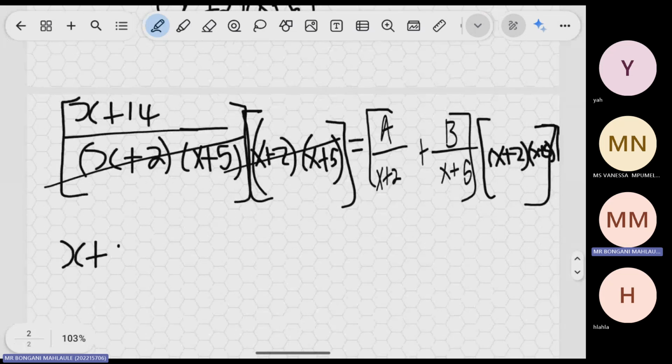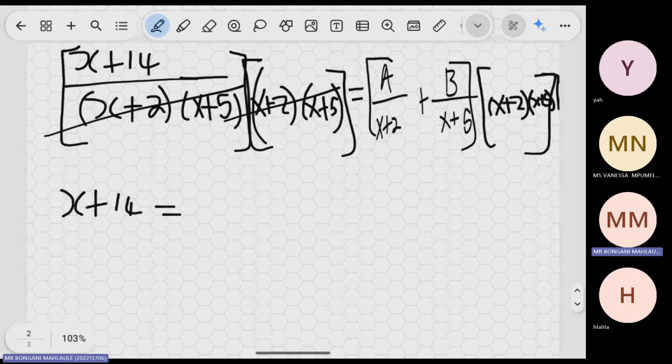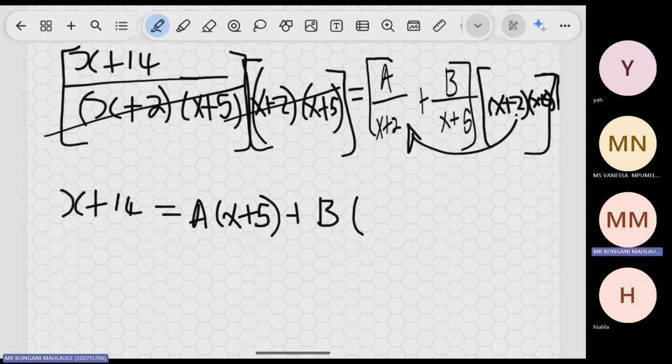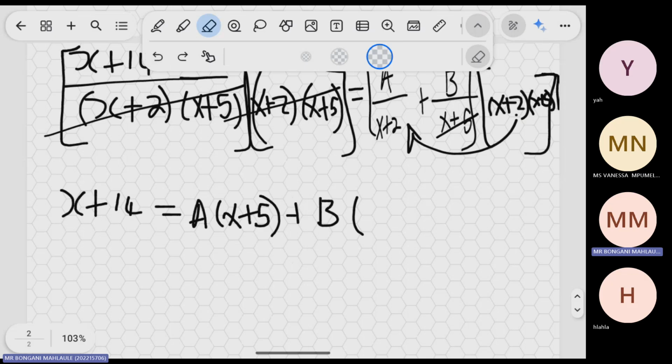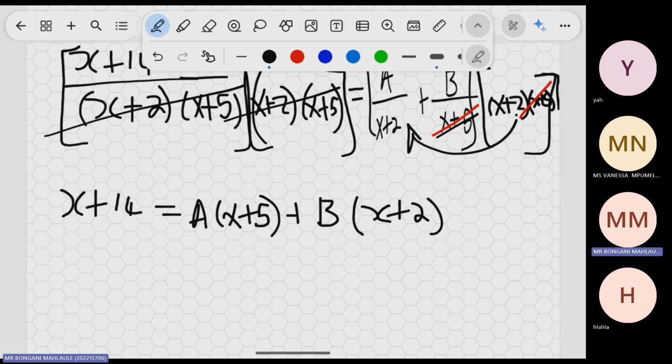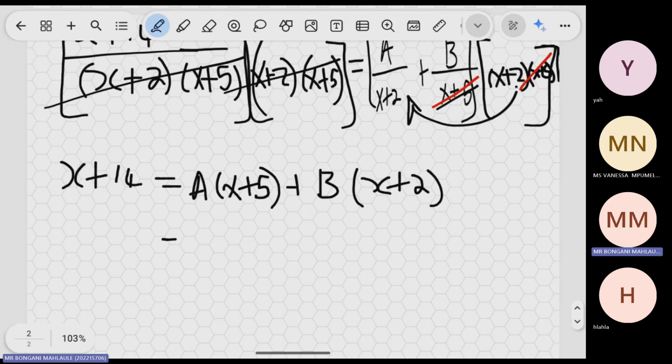We'll be left with x plus 14 equal to, when you multiply this here, you're gonna get A times x plus 5 plus B. Sorry, this one x plus 5 will cancel with x plus 5. We'll be left with only x plus 2. Then we'll solve for A and B.